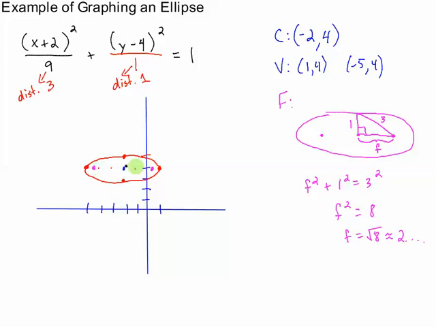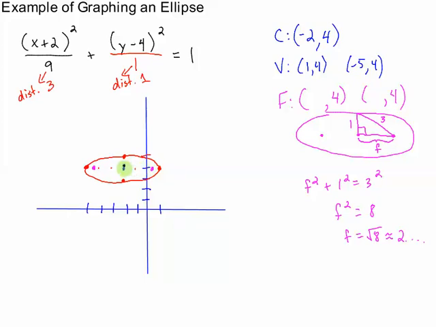Now I have to know what those ordered pairs are. So think about this. The y-coordinate of both of these is 4, so that's easy. The x-coordinate's where it's difficult. So I measure from my center. My center's at -2. To get to this x-coordinate, I have to go to the right square root of 8 units, right? That's how you measure to get there.